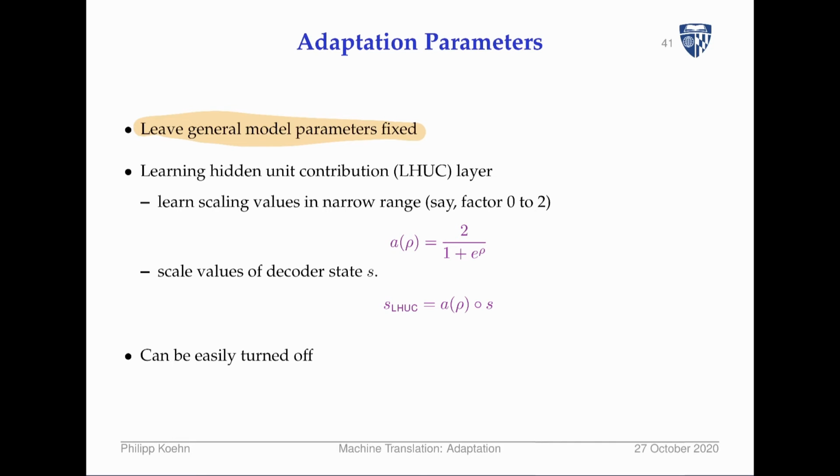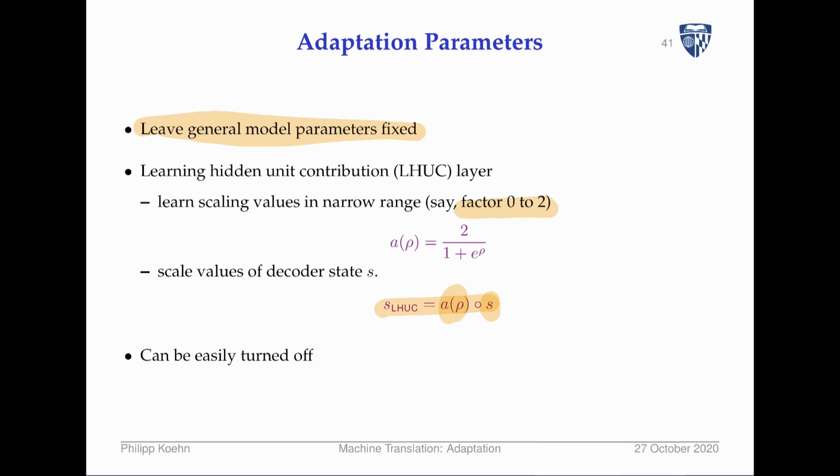Let's look at this formula here first, where we look at the decoder state. The values in the decoder state get adapted with this additional factor, and this factor ranges between 0 and 2, so it might zero out values, it might double values, but otherwise it doesn't completely change them.